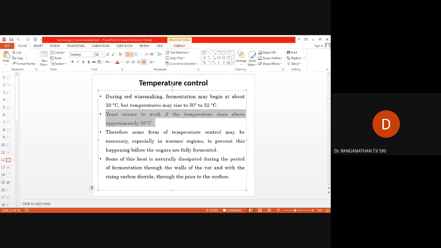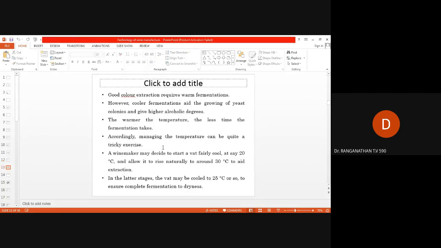That is why, even in red fermentation, we take care that the temperature does not increase above 28 degrees centigrade. To ensure that, it is normally maintained under cold conditions or in a jacketed vessel with temperature control. Good color extraction requires warm fermentation, but cooler fermentation aids the growth of yeast colonies and gives higher alcoholic degrees.